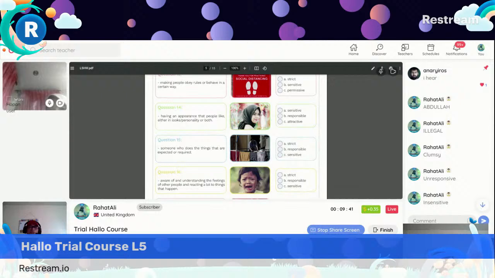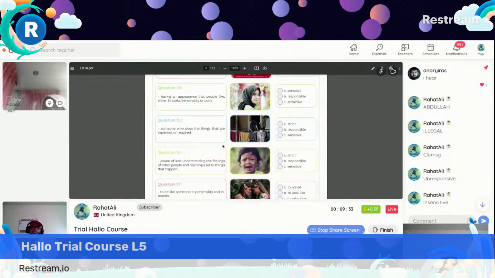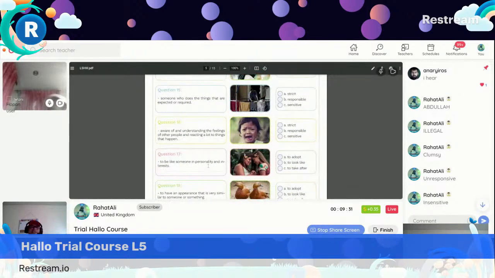Question 15, someone who does the things that are expected or required. Responsible. Question 16, aware of and understanding the feelings of other people and reacting a lot to. Look at the other word: lot to becomes lotta. Lot of things that happen.